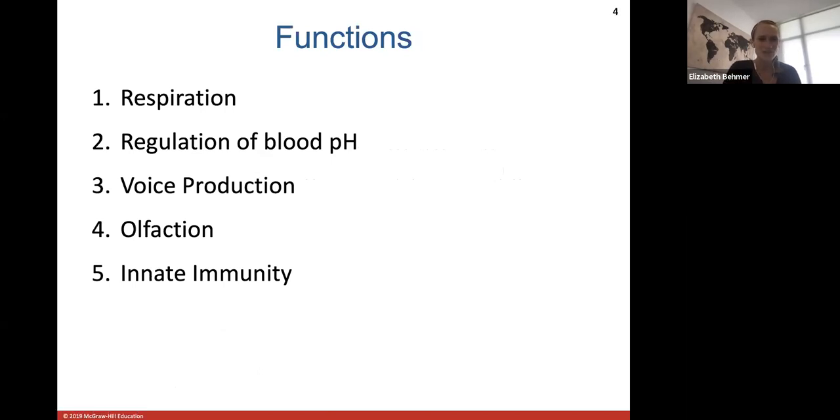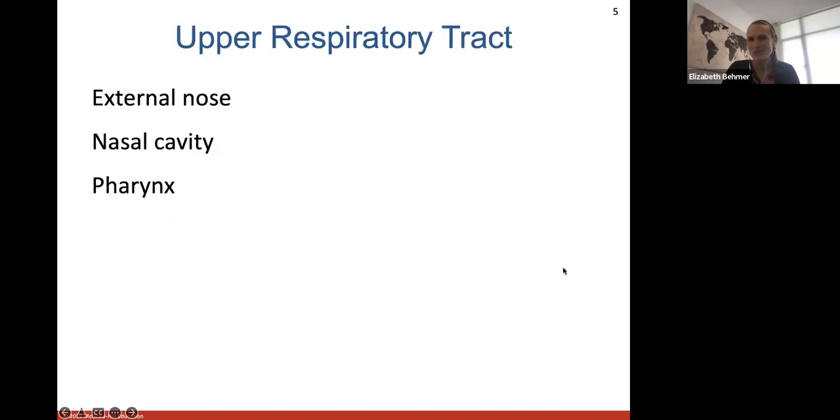So the functions of your respiratory system are respiration, the actual mechanical breathing in and out, regulation of blood pH, which happens by regulating the levels of carbon dioxide in your blood, voice production, your vocal cords, your larynx, that's part of your respiratory system function as air travels through them. Olfaction is included in this, which is the sense of smell. And then innate immunity has to do with respiratory system functions.